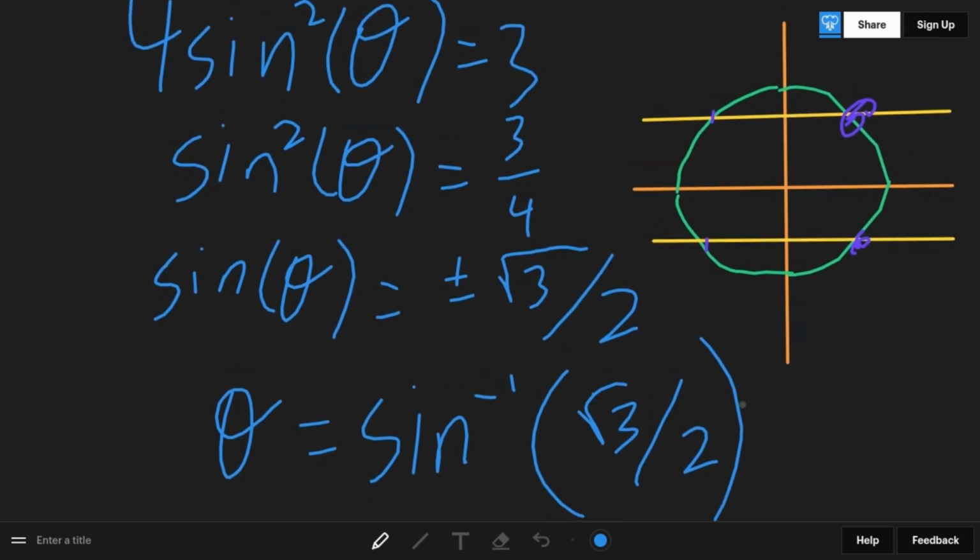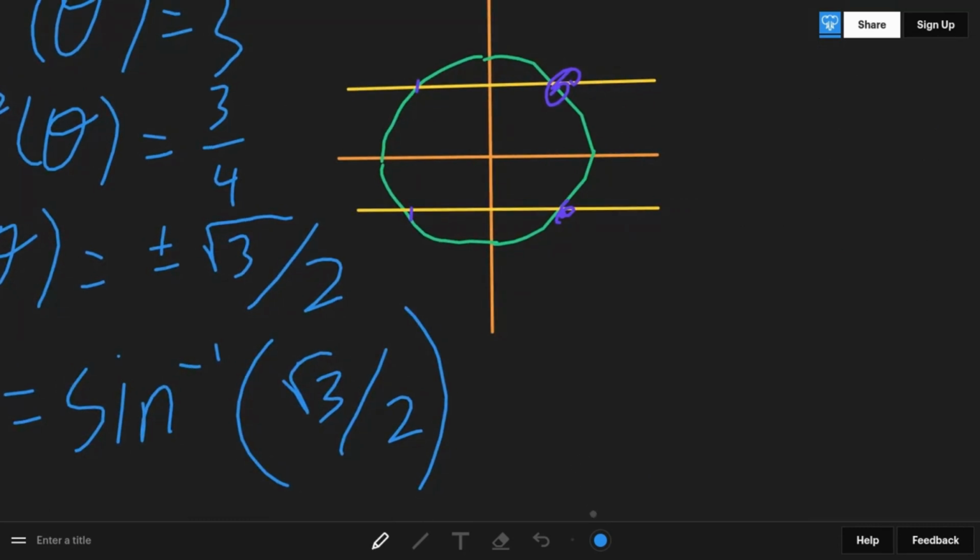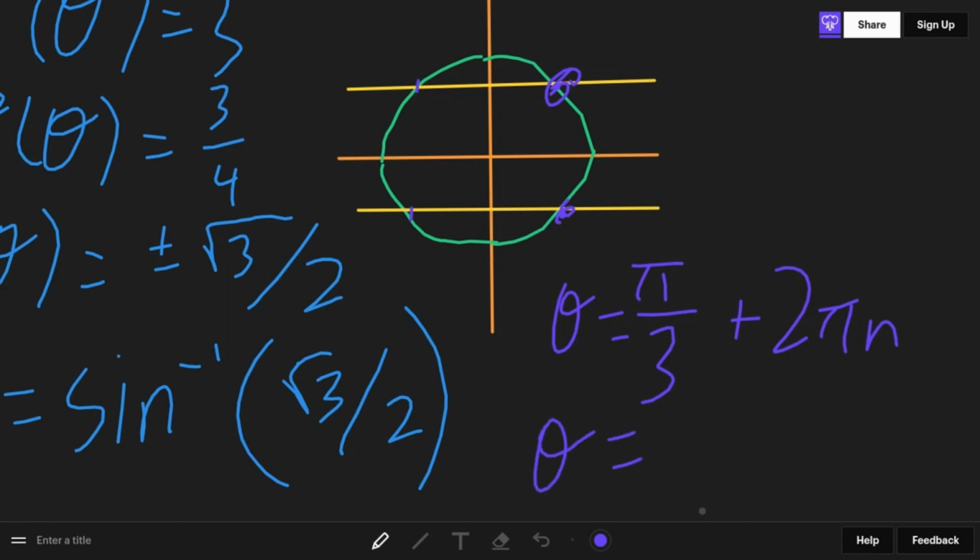So first off, the easiest way, though there is some overlap between these answers, is to say pi over 3 plus 2 pi n, 2 pi over 3 plus 2 pi n.